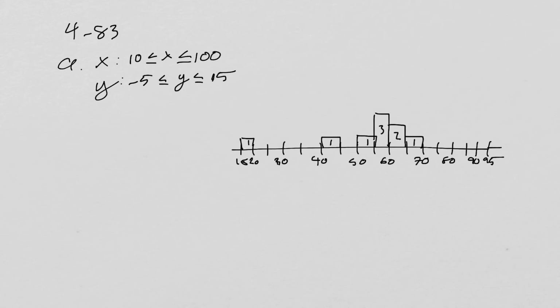From 70 to 75 is 2. From 75 to 80, it jumps up to 5. From 80 to 85 is 4. From 85 to 90 is 6. And then 90 to 95, there's 9.